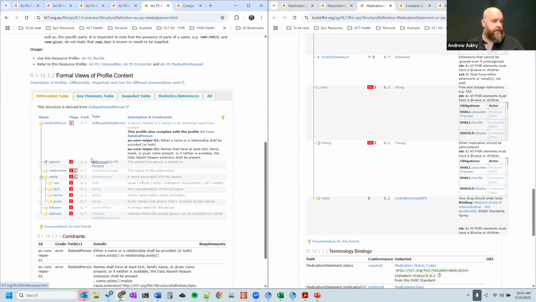As Heath and Brett explained earlier, that patient reference is referencing itself in the bundle in order to make that complete document. So if we were to add it to the AU Patient Summary, we would still do that patient as a one-to-one reference.